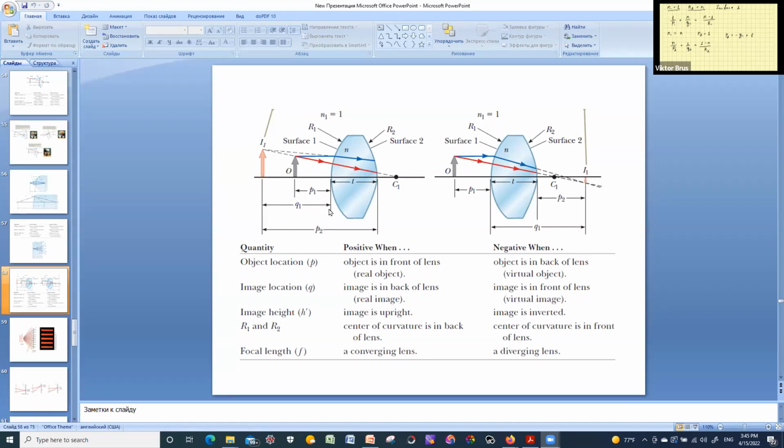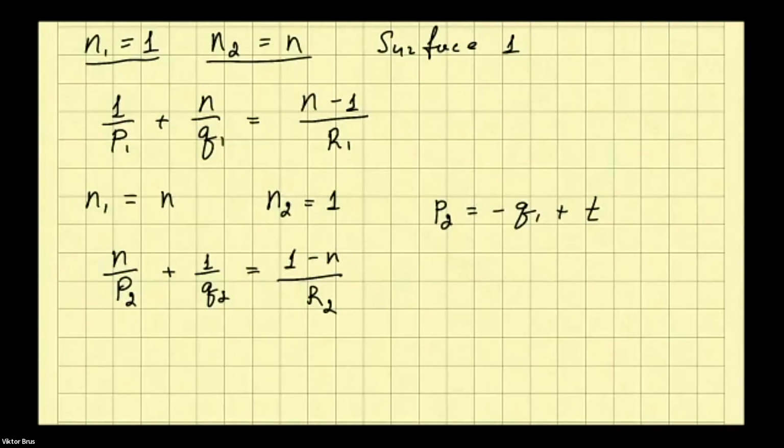So then it will be just magnitude of Q1 plus thickness of this lens. And that will be this P2, distance from the image of the first curvature to the second surface. And it will be given by this equation which we have just written here.